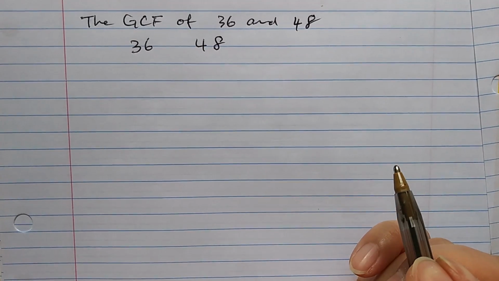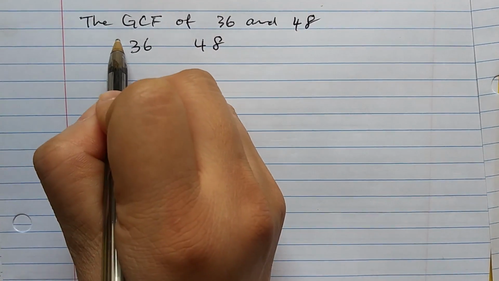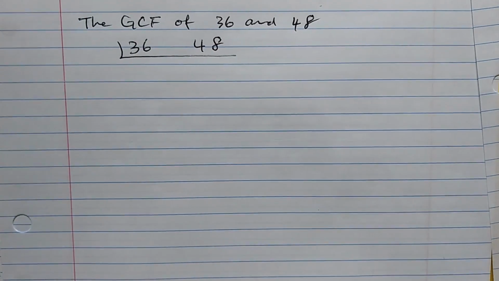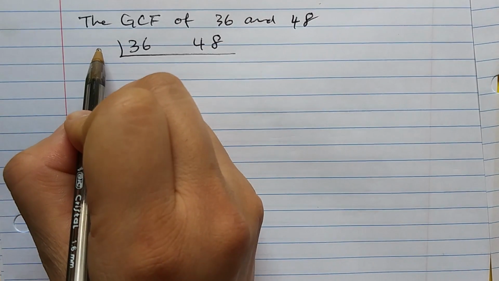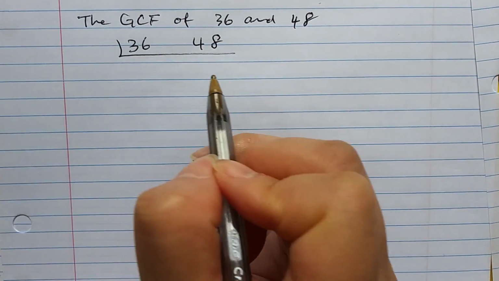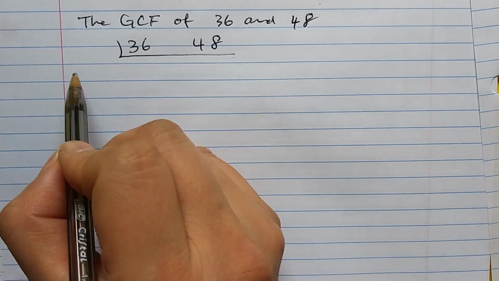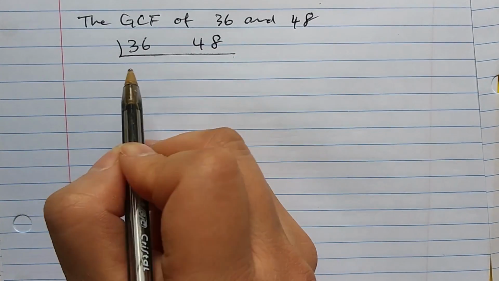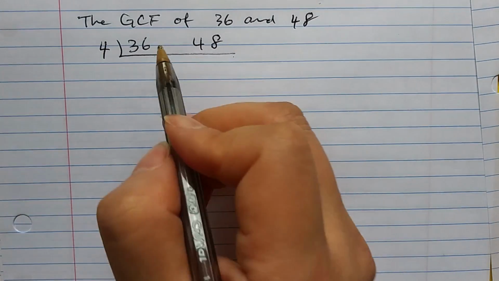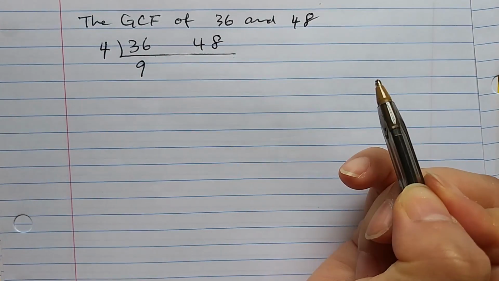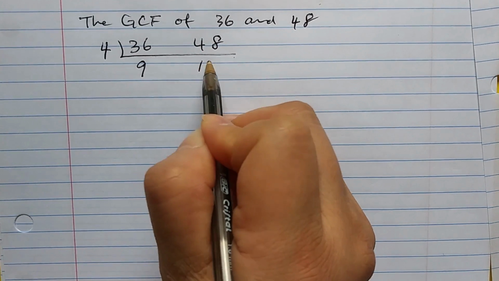Find the greatest common factor of 36 and 48. Again, do the upside down division. What can divide both numbers? 2 can divide both numbers. Can you think of a bigger number? I'll go with 4. 36 divided by 4 is 9, and 48 divided by 4 is 12.